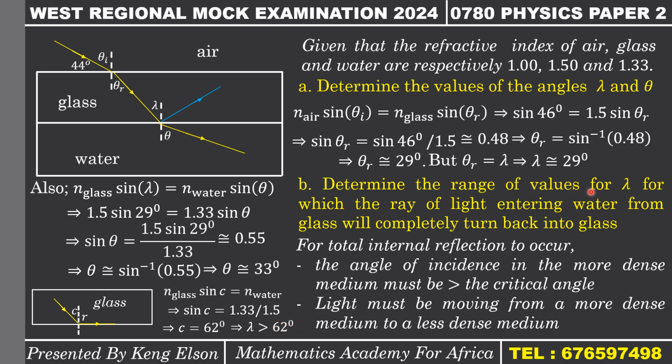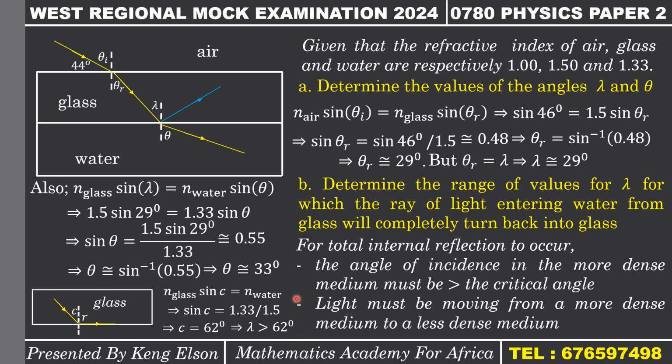So the range of values of lambda is lambda strictly greater than 62 degrees. And definitely, lambda is also supposed to be less than 90 degrees. So you are greater than 62 degrees, but less than 90 degrees. You have to add that condition. Lambda is between 62 degrees and 90 degrees.